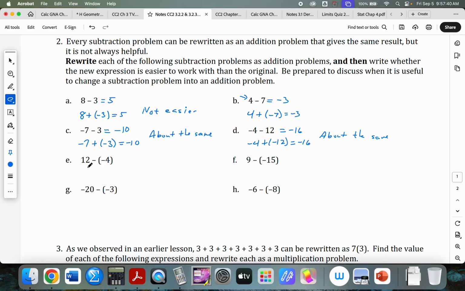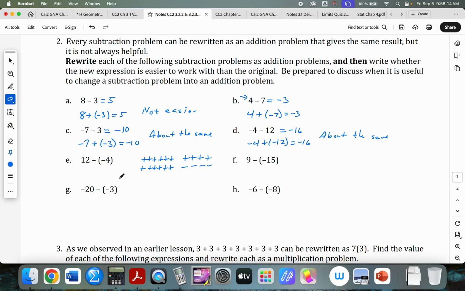Now, 12 minus negative 4. Let's think about that for just a second. If I start off with 12, so that's 12 positives. And I'm supposed to be subtracting 4 negatives. Well, do I have any negatives to subtract? So if I'm going to add 4 negatives so that I can get rid of them, I'm also going to have to add 4 positives.